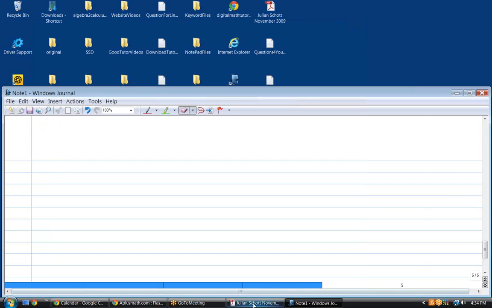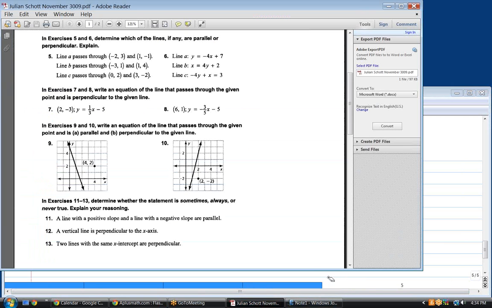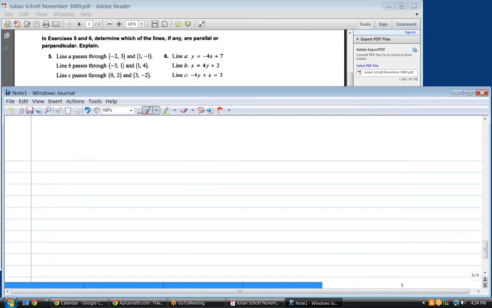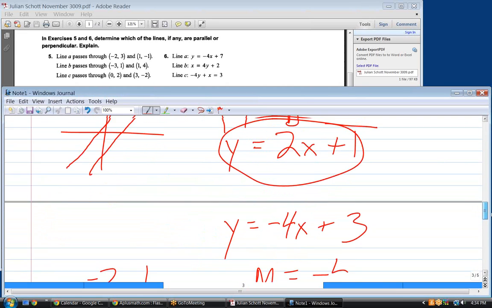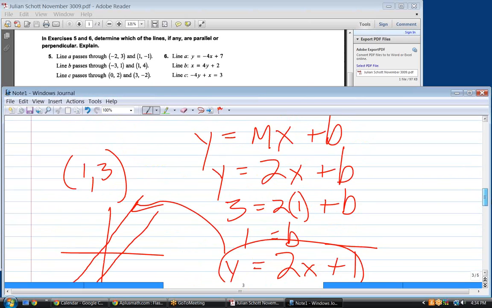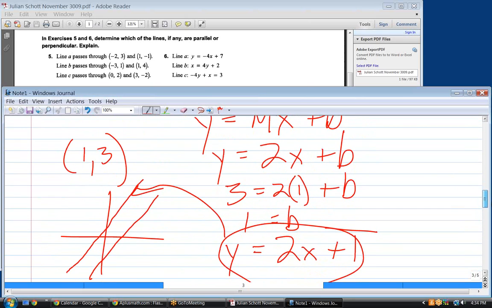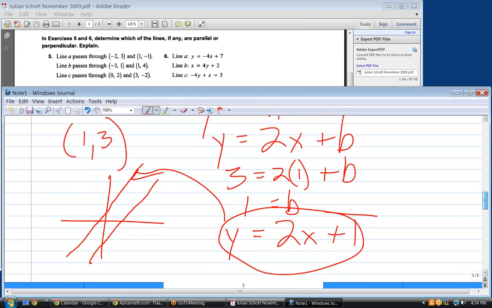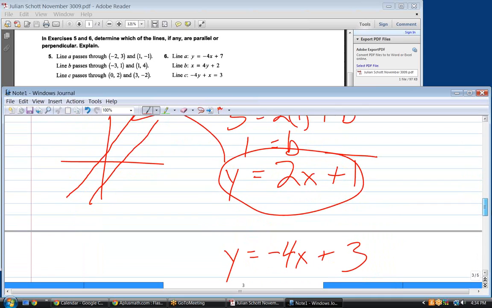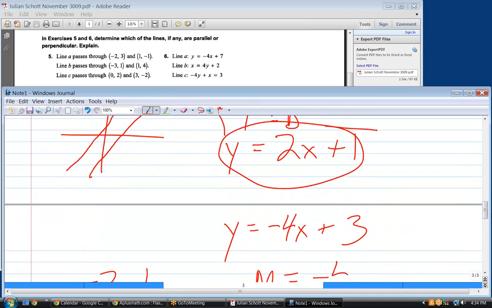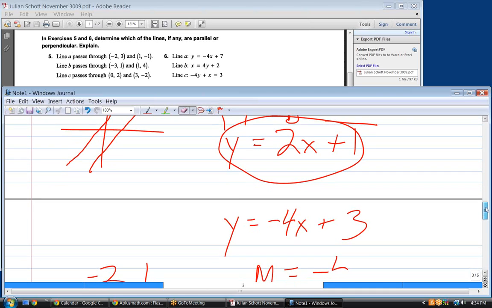All right. Close that out, reopen your sheet, and let's get back to this. Let's see, where were we? I think we were on 5 or 6. We were on 5. And we're trying to figure out whether any of these lines are parallel or perpendicular.